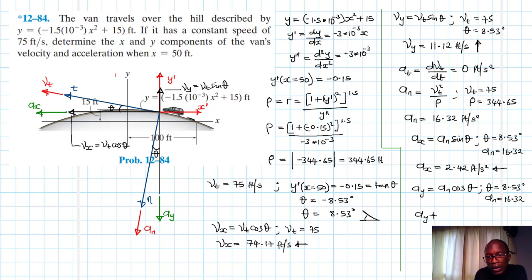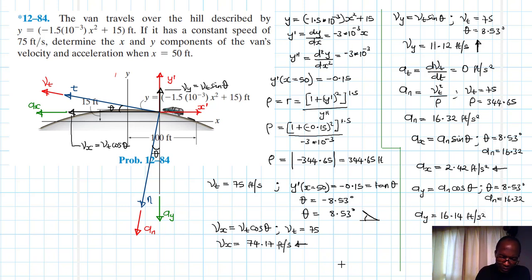Therefore, ay is just going to be equal to 16.32 cos 8.53, and this we get 16.14 feet per second squared.